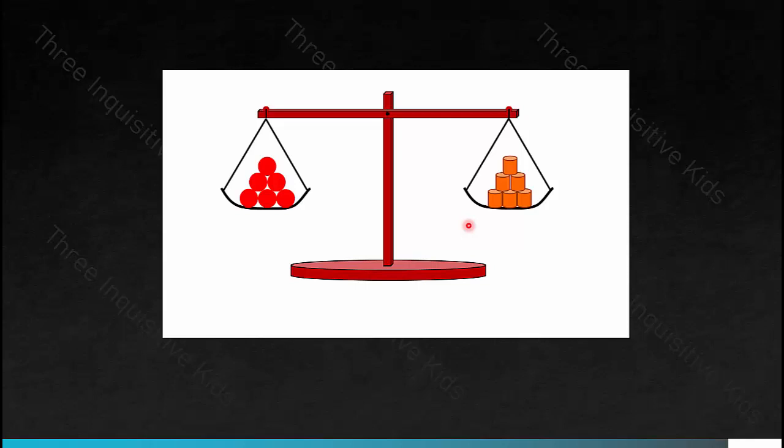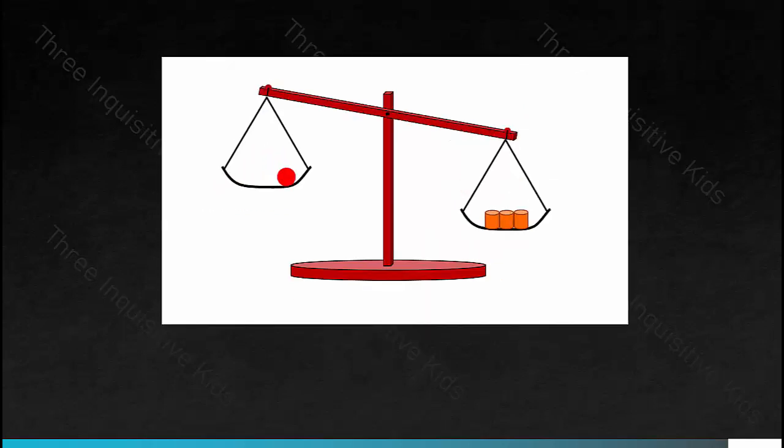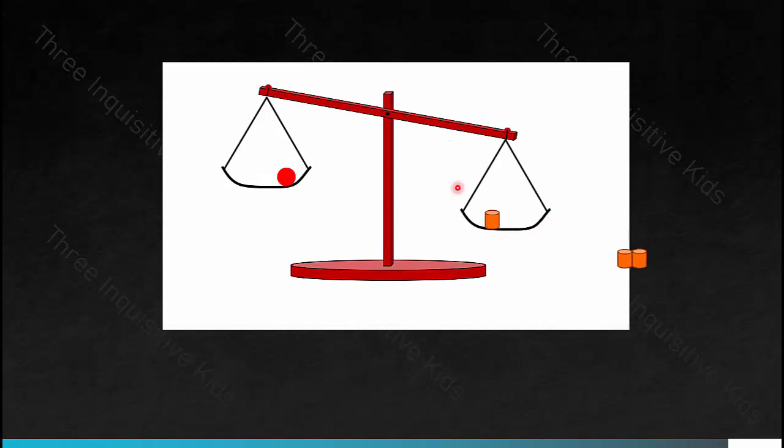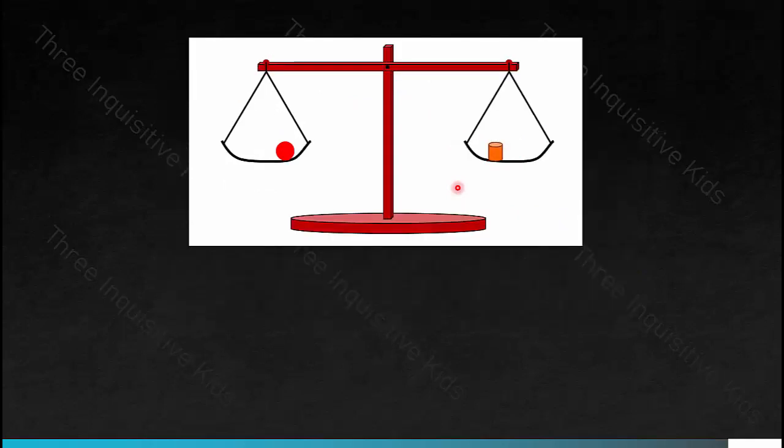And then, if you multiplied both sides by 6, now there are 6 red on the left side and 6 orange on the right side, they still are equal because you multiplied both sides of the equation by 6. And now it's dividing. So now you have 1 again on both sides. You divided each side by 6. So that is an example of division.